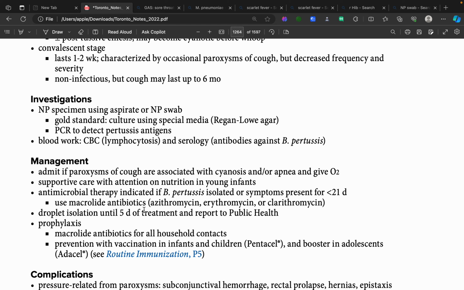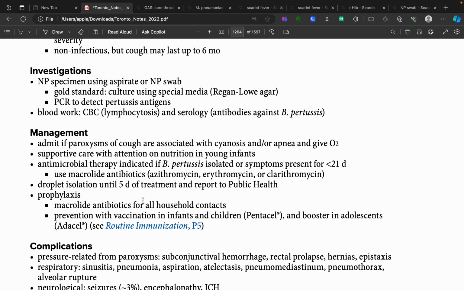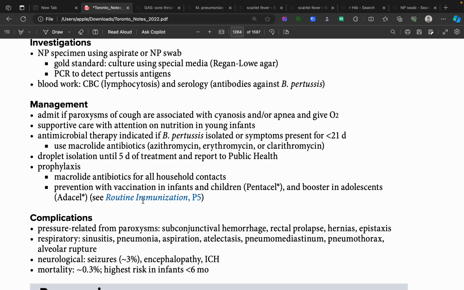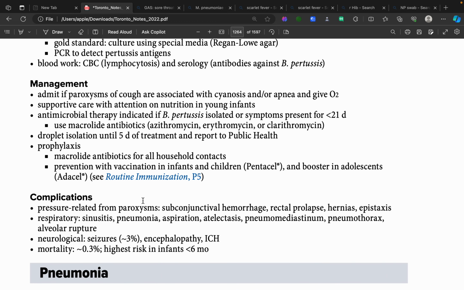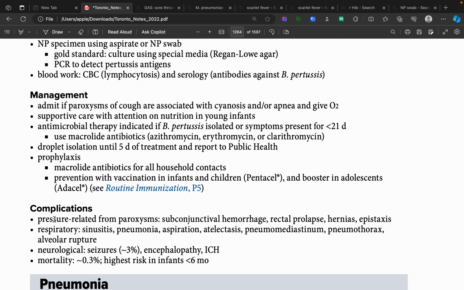So droplet isolation until 5 days of the treatment and report to the public health. And there are complications which we will not discuss, and you can read by yourself.